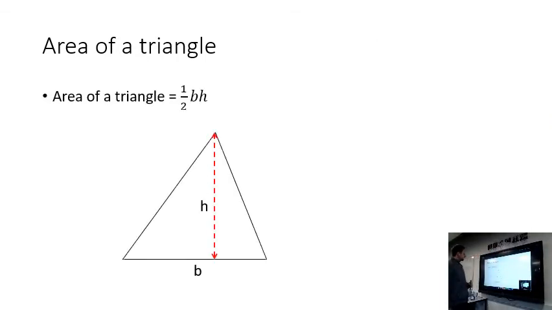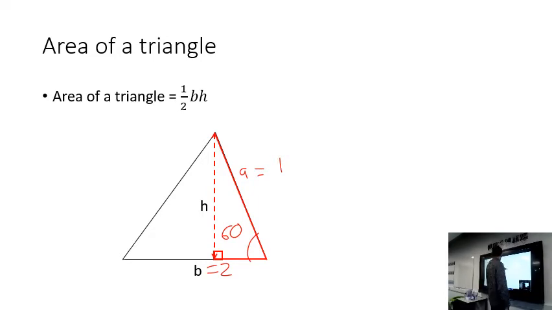Okay, so let's look at an example of finding the area of a triangle. Say, for example, that the base is 2, and this side here is 1, and we know this angle here is 60 degrees. So how do we find out the area of the triangle?